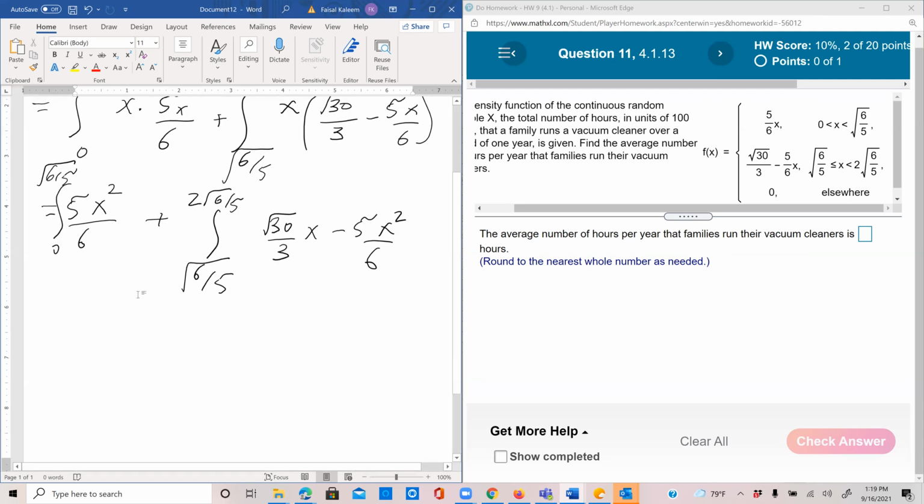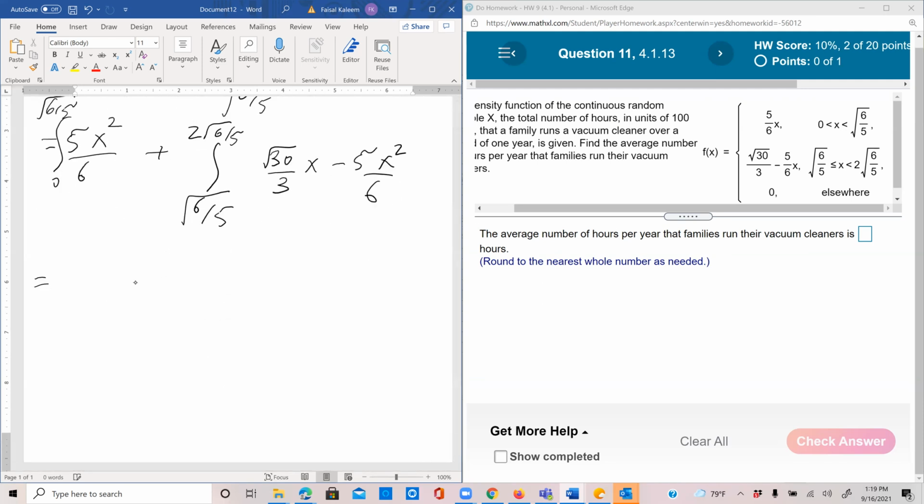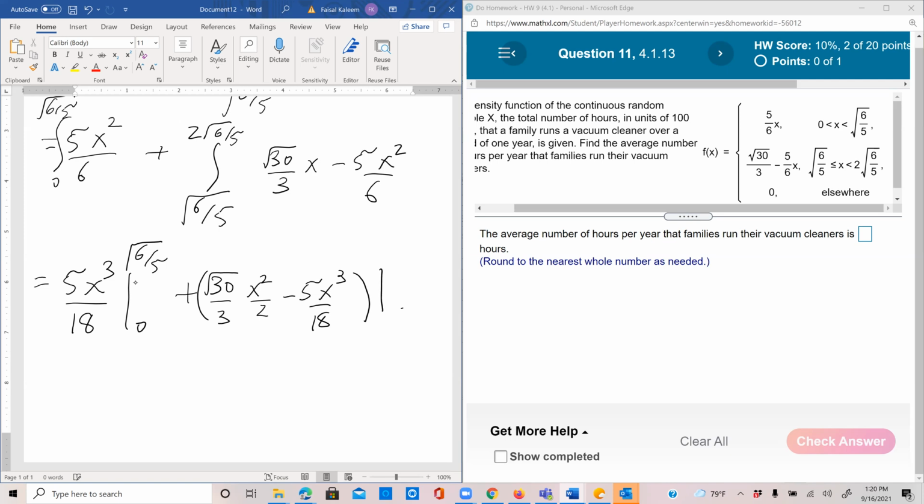Okay. So the first one will be 5x cubed by 18, 0 to square root 6/5, plus the second one would be square root 30 by 3 x squared by 2 minus 5x cubed by 18. And the limits of that is square root 6/5 to 2 square root 6/5.